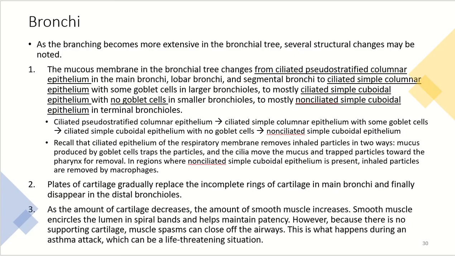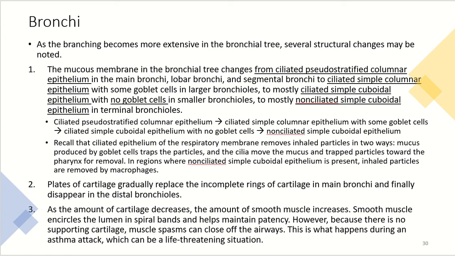So as these branches become more extensive in the bronchial tree, there are going to be several structures that can change. Right? So for starters, we've got the mucous membrane that we find in the bronchial tree. This is going to change from a ciliated pseudostratified columnar epithelium that we find in the main bronchi, as well as in the lobar and segmental bronchi.